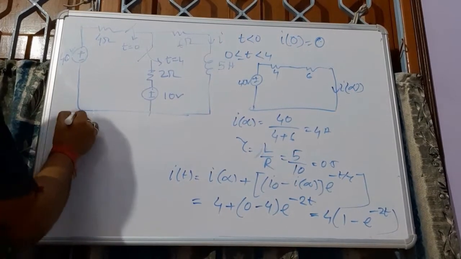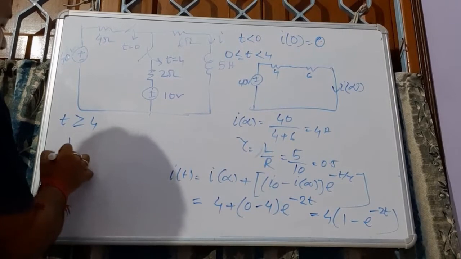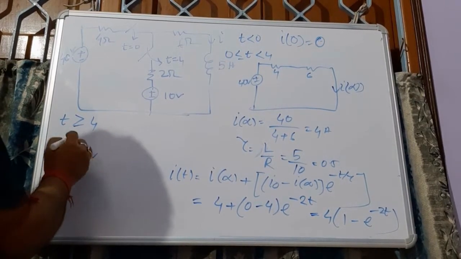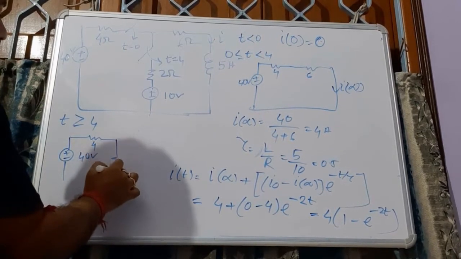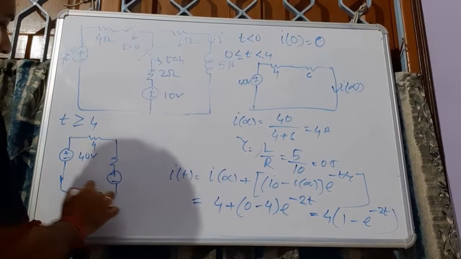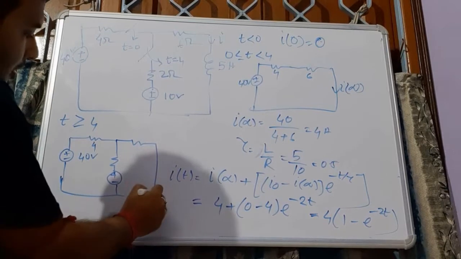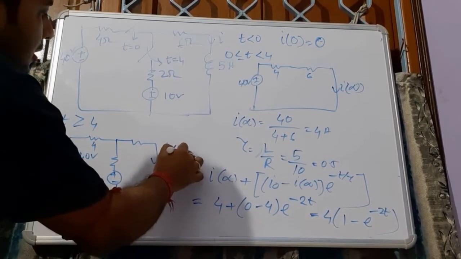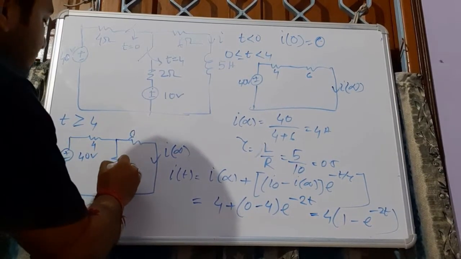And for t greater than or equal to 4, the circuit will be like this: 40 volt, 4, this is 6, this is 2, this is 10, right?